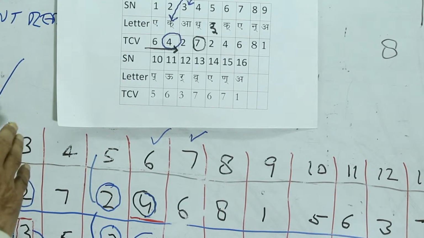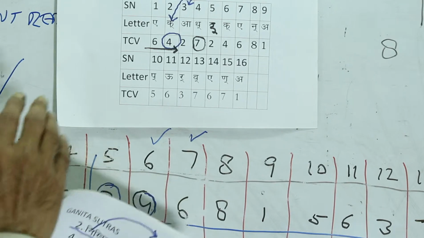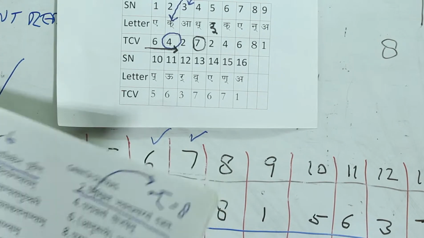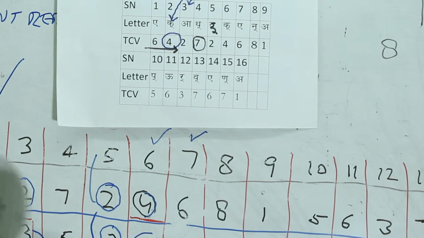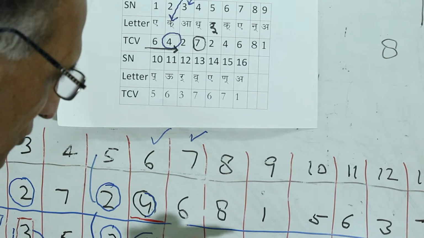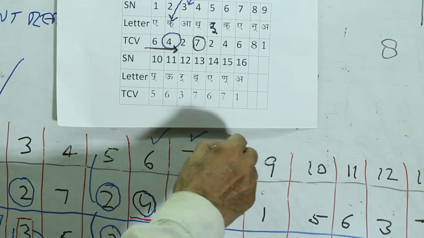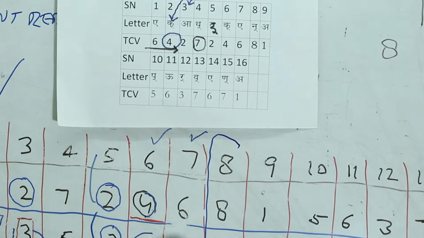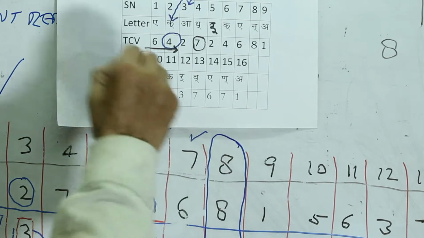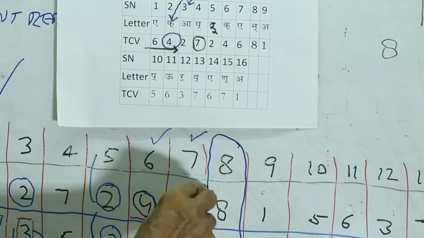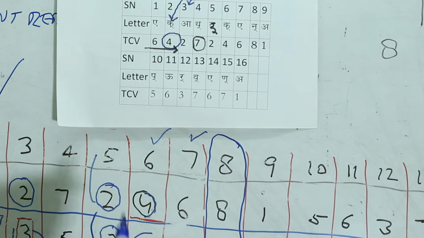So it becomes the reach of the value. Here, let's correct it. It is going to be 8. The reach, therefore, of the 8th Ganita Sutra, as the transcendental code value, is 8, and its attainment reach as well is 8.